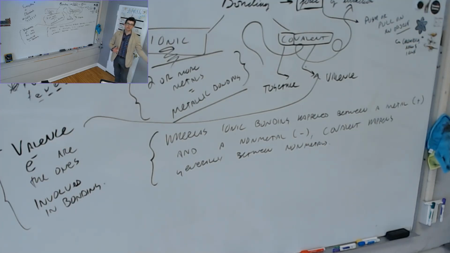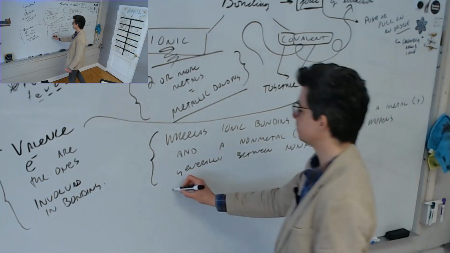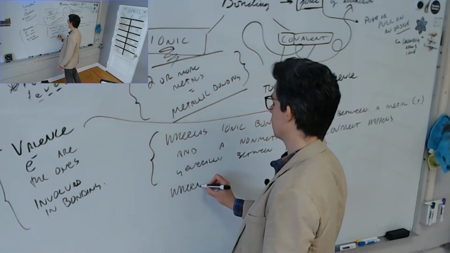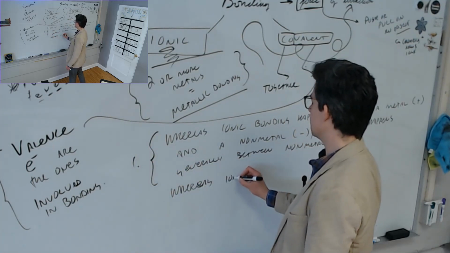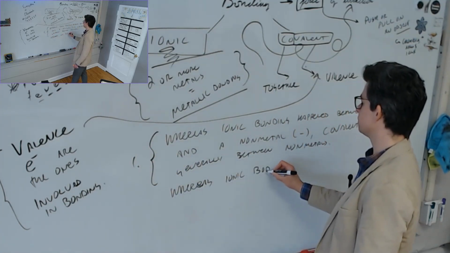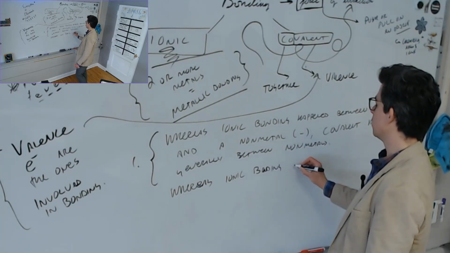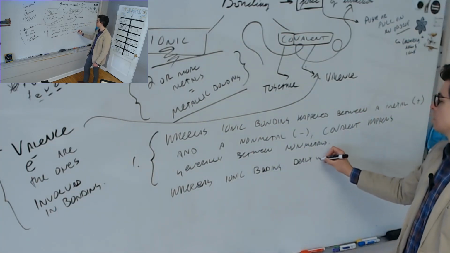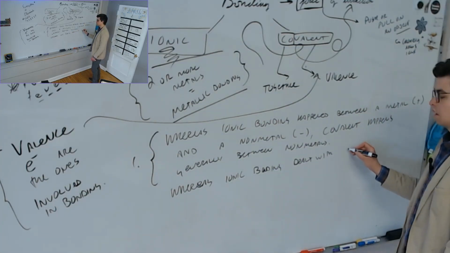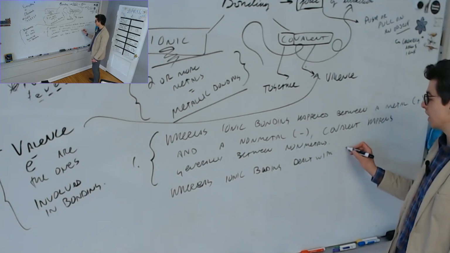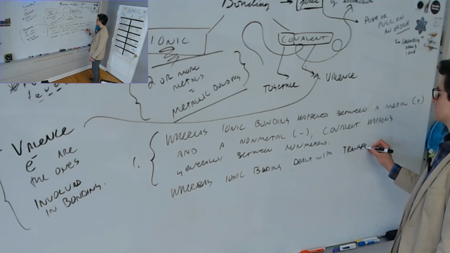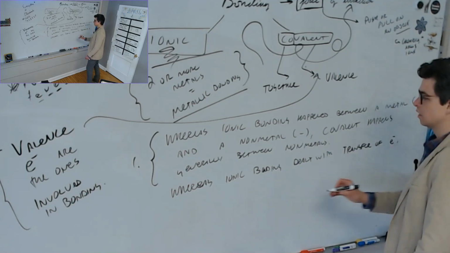And whereas ionic bonding, I'm going to try to spell my favorite word. Whereas ionic bonding, and try to spell even this other word, bonding, dealt with giving and taking, I guess, transfer, let's put that, transfer of electrons.